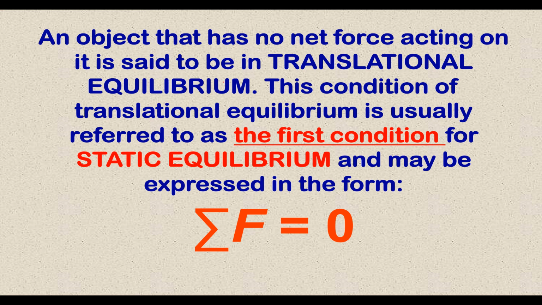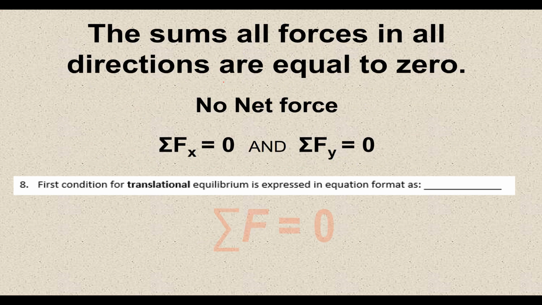So the first condition of static equilibrium, also known as translational equilibrium, is expressed mathematically as the sum of the forces is equal to 0. The sum of all forces in all directions are equal to 0. No net force.